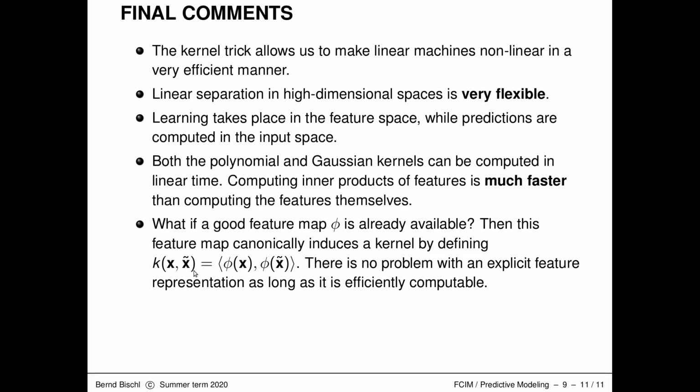As long as that kernel is efficiently computable, that might actually be a very good approach, might actually be more efficient than doing this a priori really known feature mapping in a two-step procedure by expanding and then computing with your linear machine.